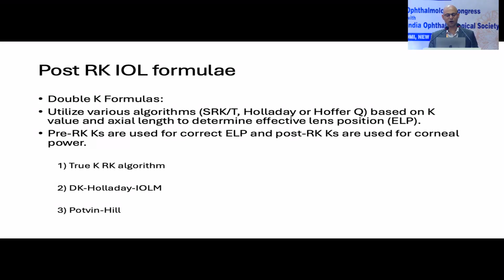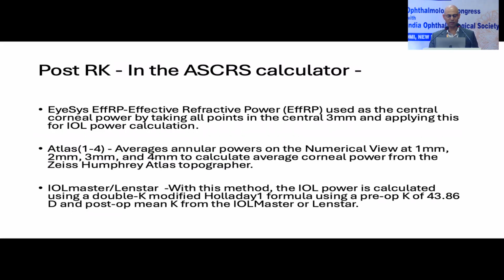Post RK IOL formulae are available, which basically again are double K formulae. Use various formulae like SRK/T, Holladay, and Hoffer Q based on the K value and axial length to determine the effective lens position. So pre-RK Ks are used for the ELP correction, and post-RK Ks are used for the corneal power correction, and you can use the True K RK algorithm, DK Holladay IOL Master algorithm, and Potvin-Hill.